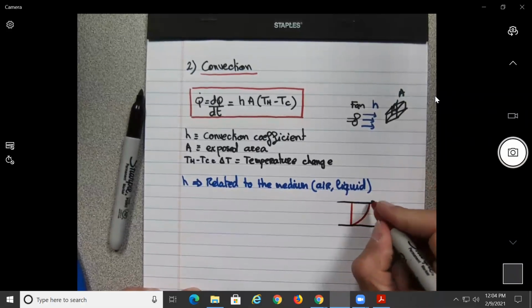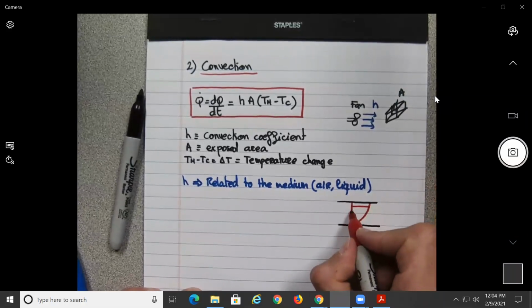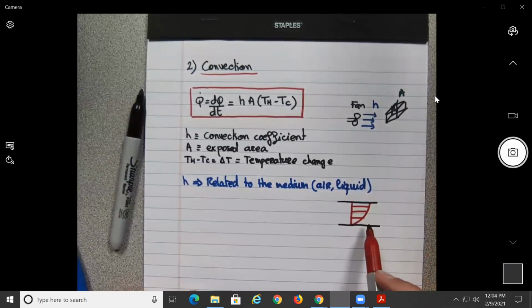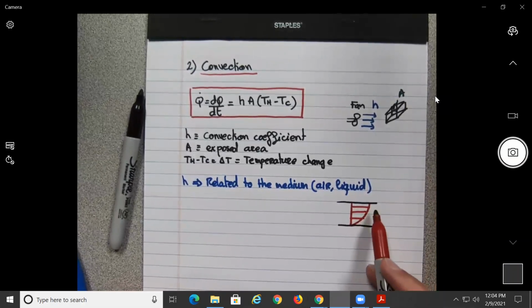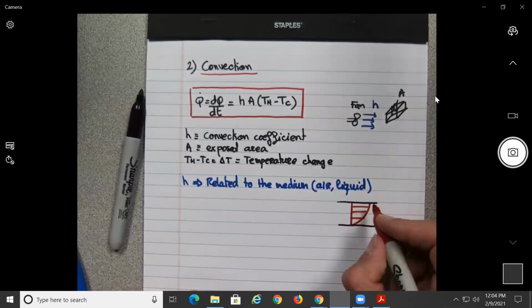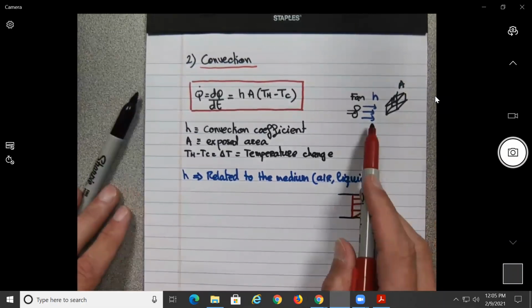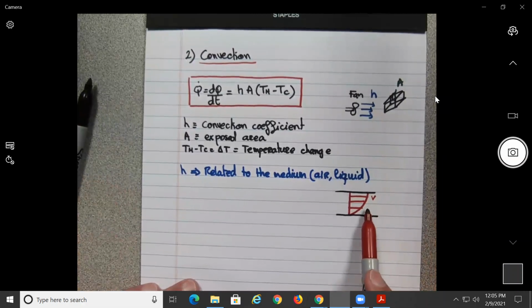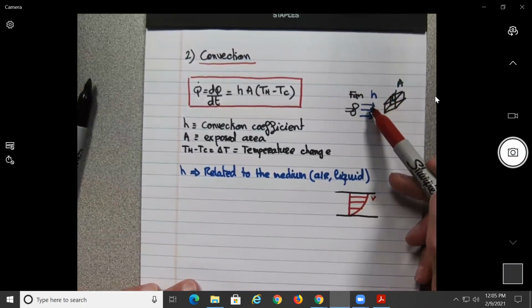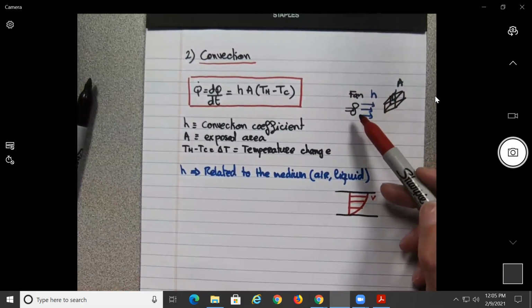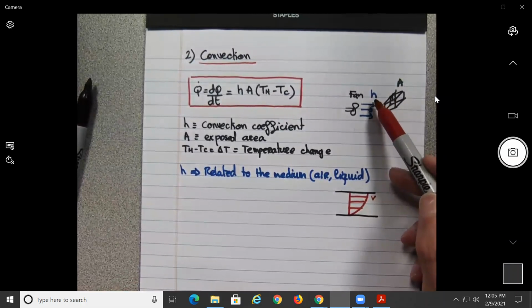Just do the figure. Maybe you don't need to understand it this far, but let's say this is the value of the h, okay? Or the velocity, all right, of the flow. So this will also be related to the velocity of the flow. So the higher velocity you put on the fan, the higher should be the h, okay?